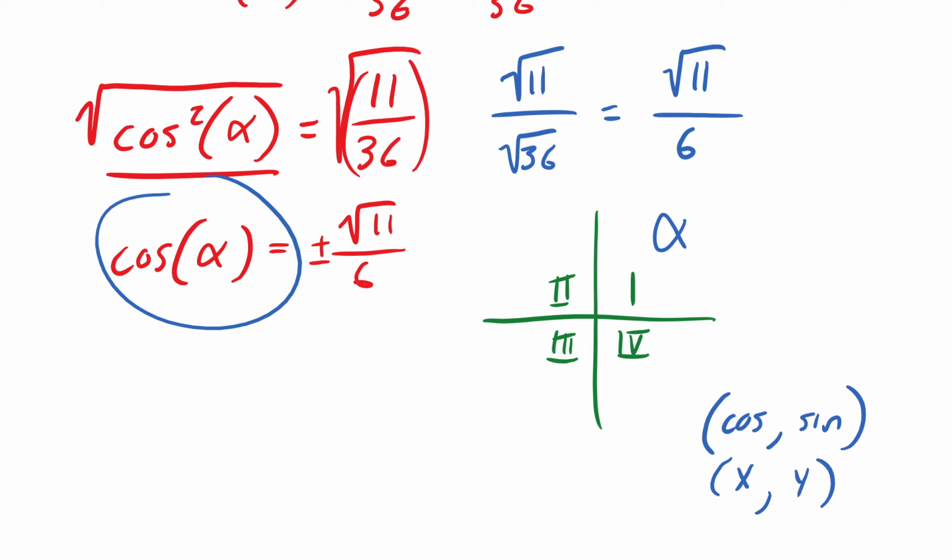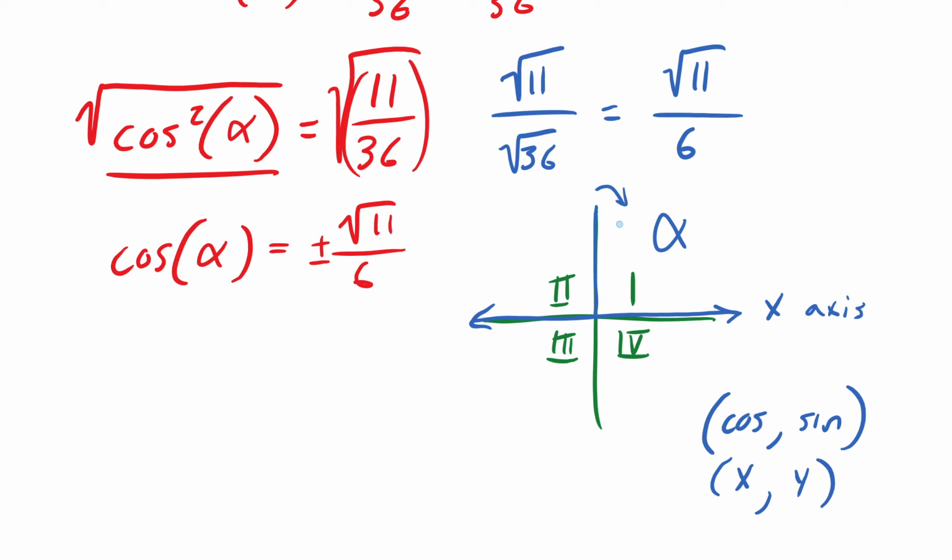Since cosine is here, we know that it's positive because it's x. So we draw the little x-axis. Anything on this side is positive. Anything on this side is negative. So, easy way to tell. We now know, and this is the final step, cosine of alpha truly is positive root 11 over 6.